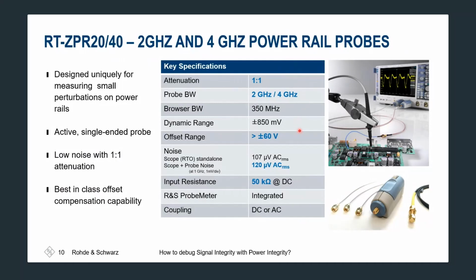The DC offset range for this probe goes up to ±60 volts, which is best in its class. The probe has a very low intrinsic noise level. This means we are increasing the RMS noise level of our measurement system only by 13 microvolts when using this probe. And last but not least, the probe has 50 kilo ohm input resistance, thus loading effects at the lower frequencies are significantly reduced.